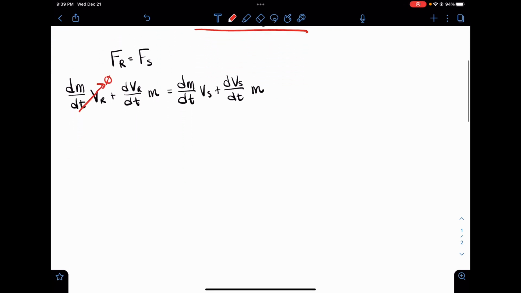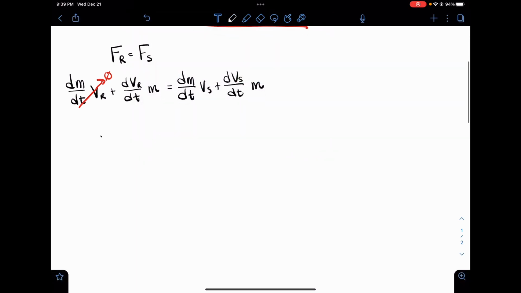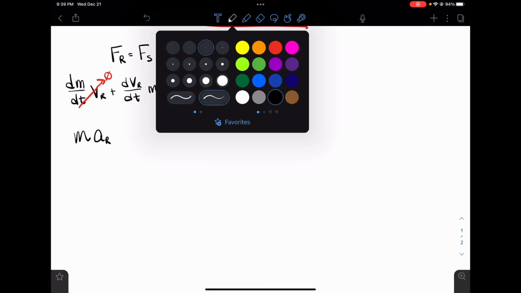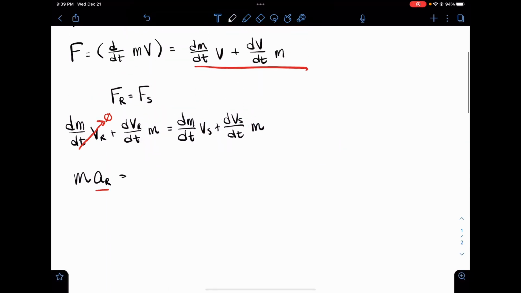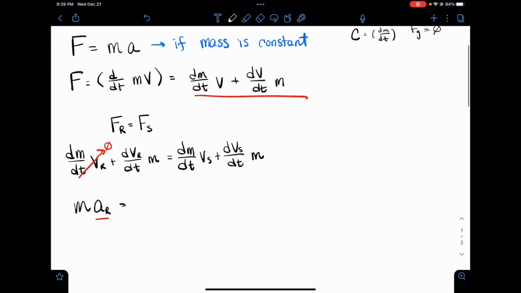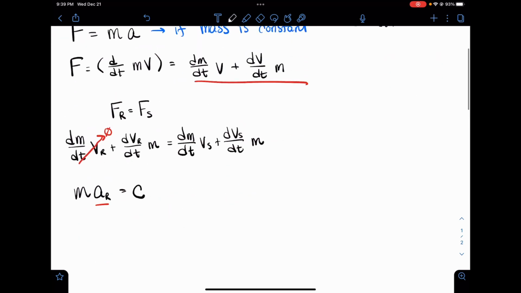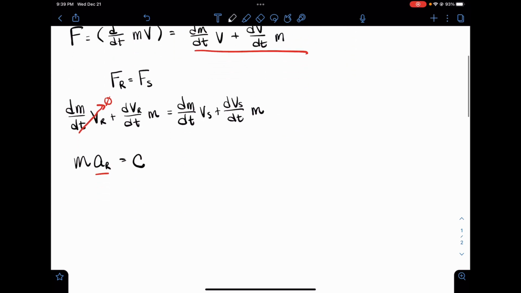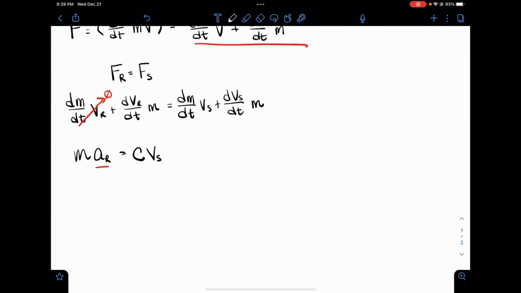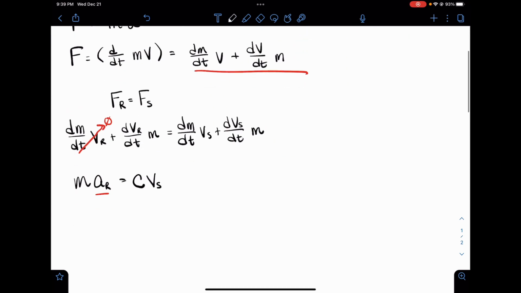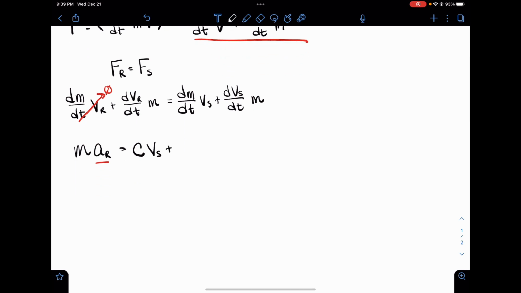dv/dt is the acceleration of the rocket times mass. So we're solving for this acceleration of the rocket right here. And that equals dm/dt, which we know is C, so this is basically mass loss over time, times v_s, which is another component that we know and a variable we can leave in there. dv_s/dt is the acceleration of the steam times mass.